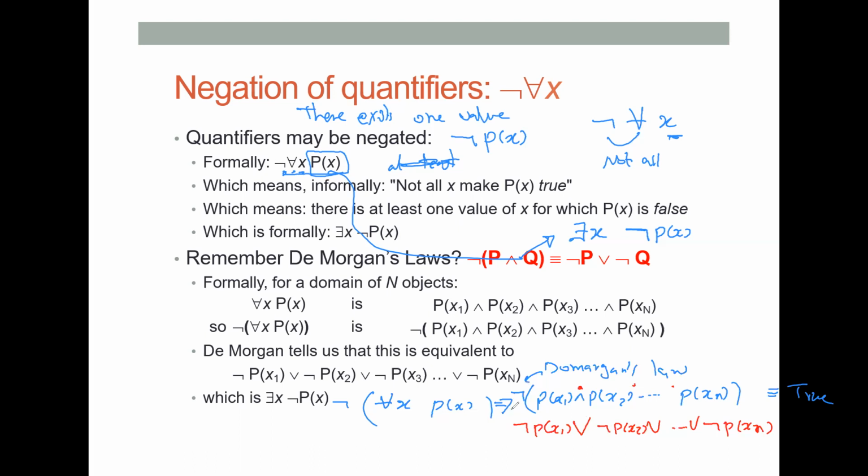And you know that OR is the model for there exists. So there exists, and here is the predicate: there exists a value of x where not p of x is true. So this is exactly the same as this one.